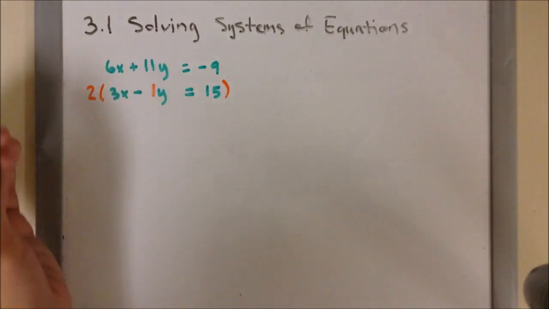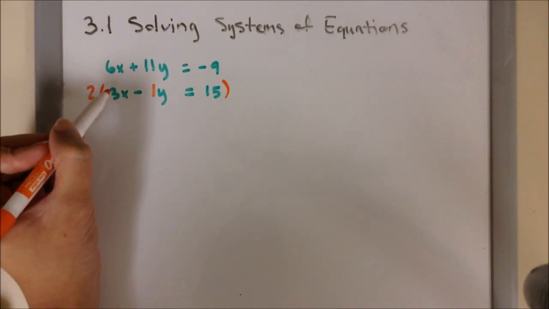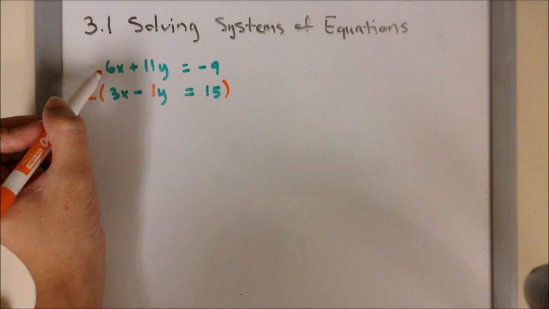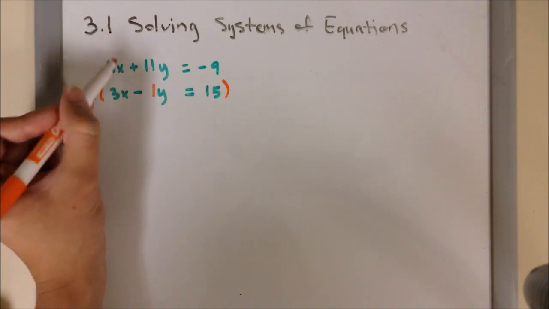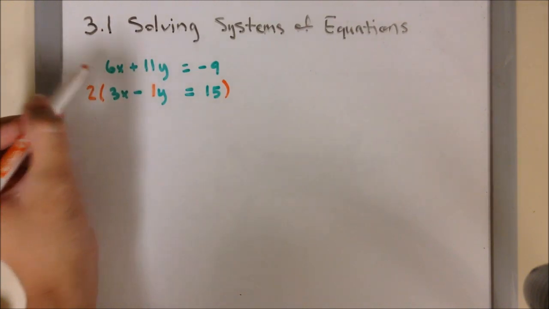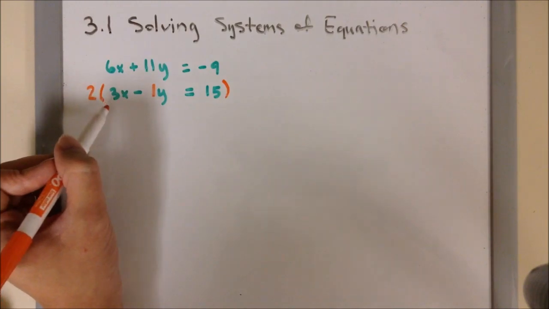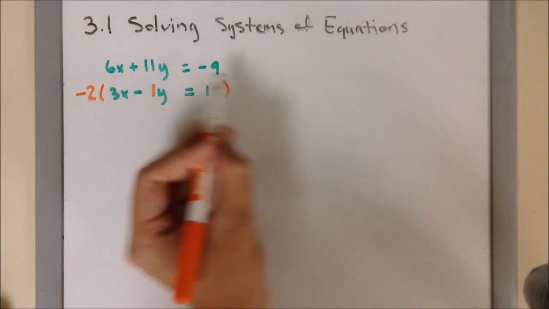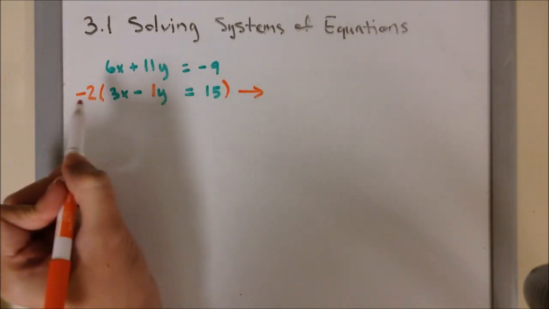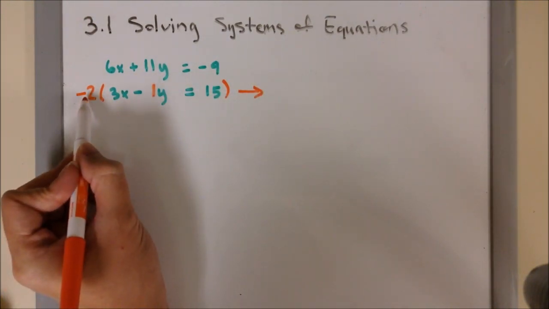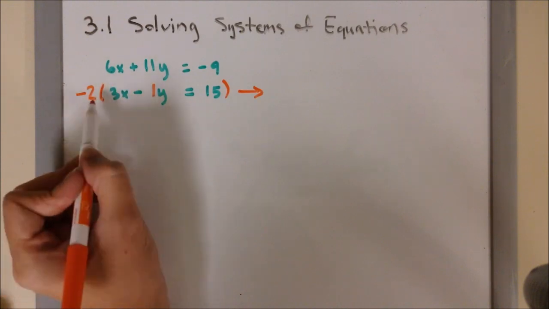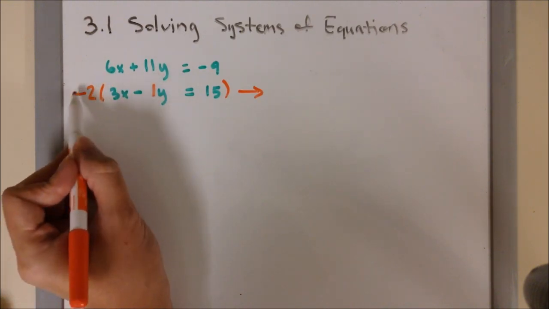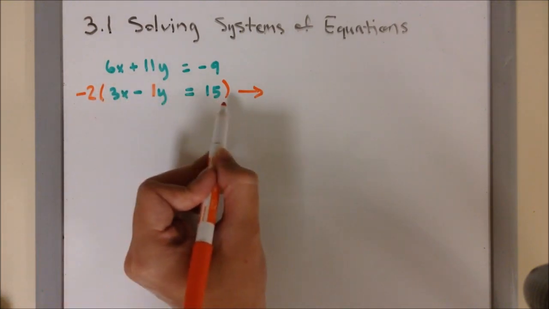So what I'm going to do, in order for them to have opposite sign, one must be positive, the other must be negative. So if this is going to be a positive 6, I want the second equation to have a negative 6. I'm going to multiply by negative 2. So, by doing so, negative 2 times 3x. Now, be mindful, I'm multiplying the negative 2 to the whole equation.